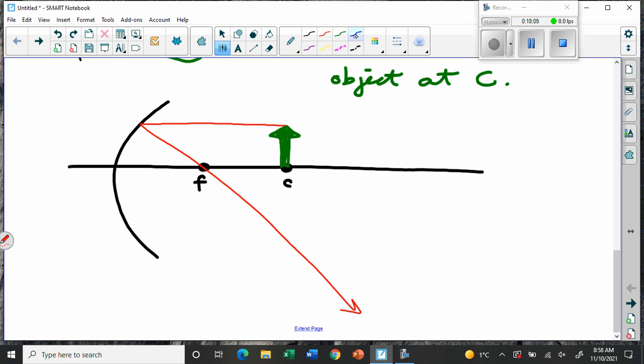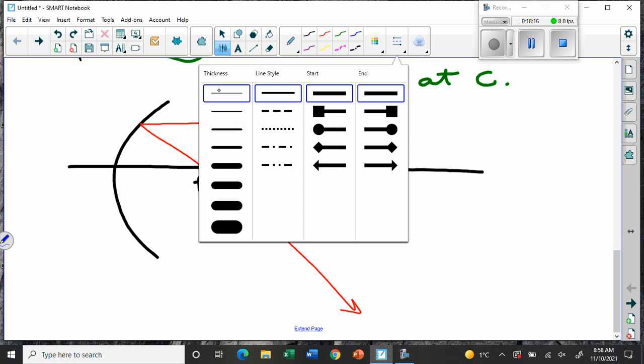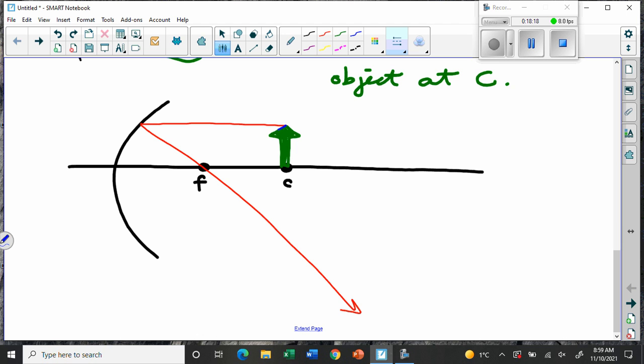Okay, now let's do the second rule, which is a line through the focus. So we reflect down this way. And if you've done this right, when it reflects across, see, I'm not quite right there. This thing should be right underneath. So let me just fix it, because this is the demo, right?